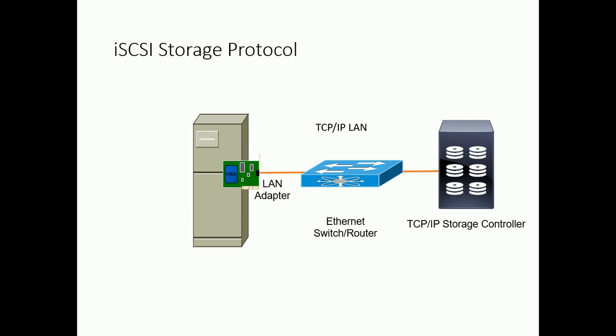You could use that same connection to mount a LUN over an iSCSI connection. But it's a lot of data, and sometimes you'll experience high latency and other networking issues when you do that.